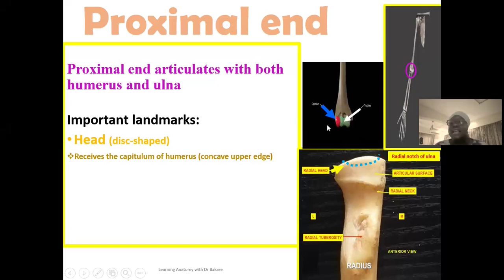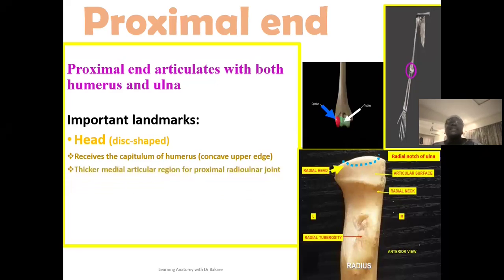So this rounded eminence on the lateral region of the trochlea is what fits into the indentation created around the head of the radius. And this is what creates the humeroradial joint, which is the joint between the capitulum of the humerus and the head of the radius. We've also described this in a previous slide when we tried to highlight the joints formed by the radius. And this is what is projected around this upper edge.